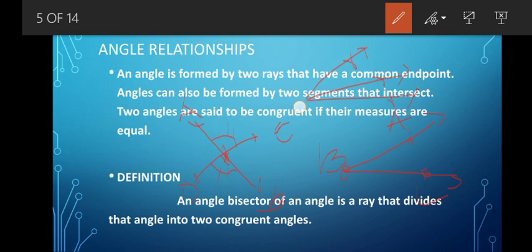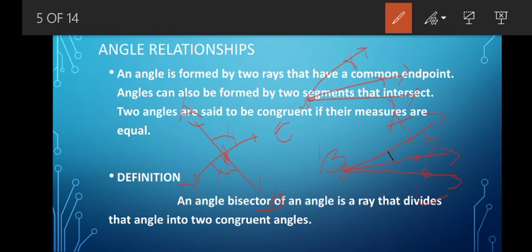What is a bisector? A bisector is an angle or a ray that divides the angle into two congruent angles, meaning one ray that divides an angle into two congruent angles, meaning ganito, dagdagan natin dito ng isang ray, point D. So itong ray BD is our bisector kasi dinivide niya yung angle ABC into two.